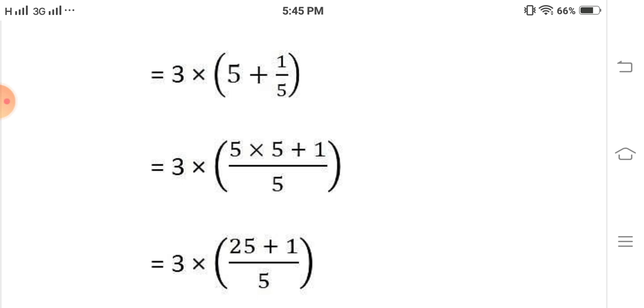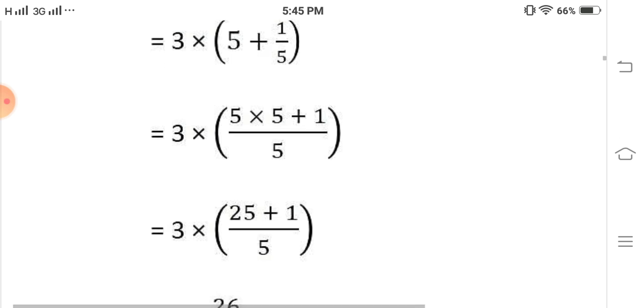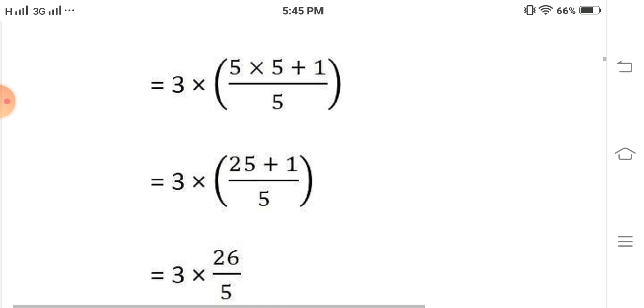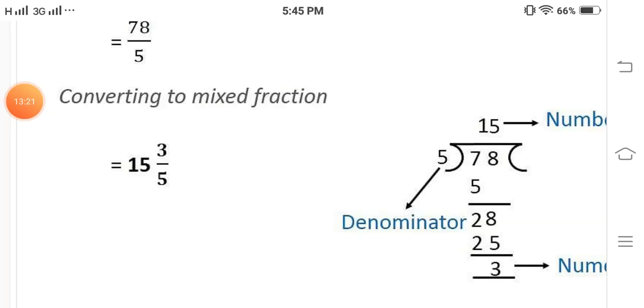We will multiply the denominator with the whole number, 5 multiplied by 5 plus 1. Then the denominator will remain the same, upon 5, which is equal to 25 plus 1 upon 5. Further, it is equal to 3 multiplied by 26 upon 5. It is equal to 78 upon 5.